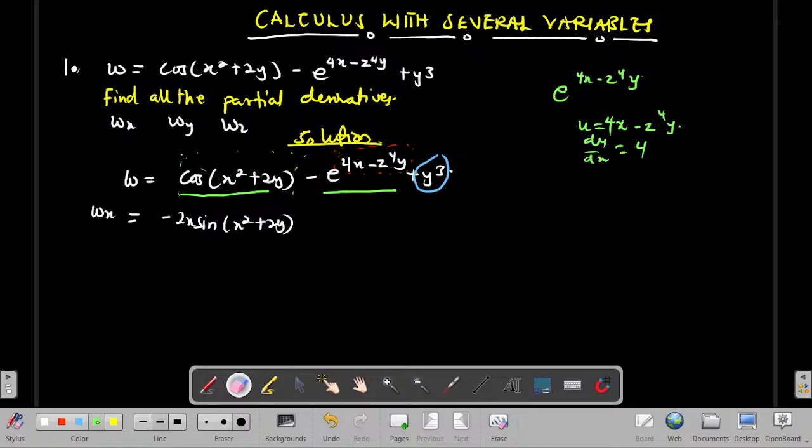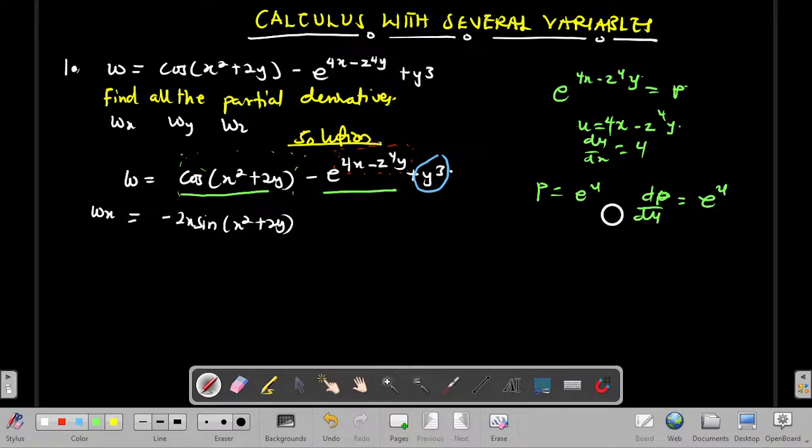So now I know that du/dx is 4. Now set this whole thing: p will then be equal to e to the power u. Now remember, when you differentiate an exponential function as a unit, you get the same thing back again, e to the power u, right?